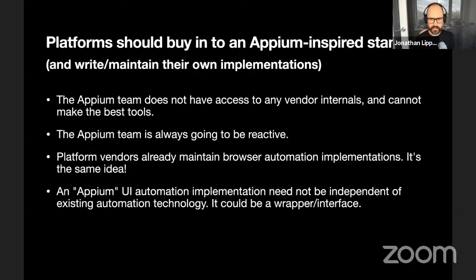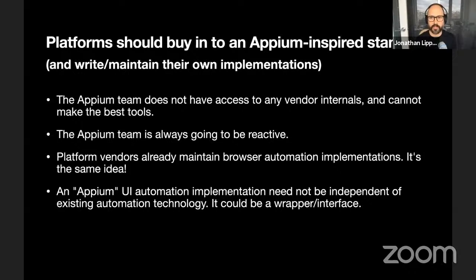I think it's important to point out that creating an Appium implementation doesn't mean replacing their existing work. It doesn't mean Apple getting rid of XCUITest or Android getting rid of Espresso, for example. It could simply be a wrapper or an interface around those existing tools.